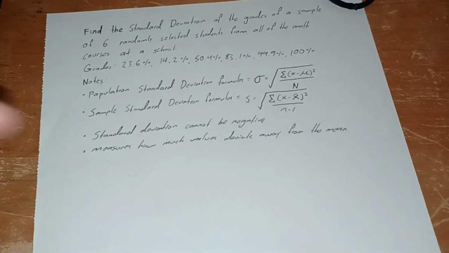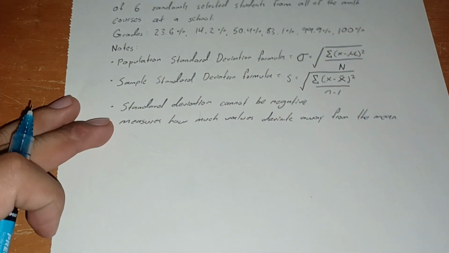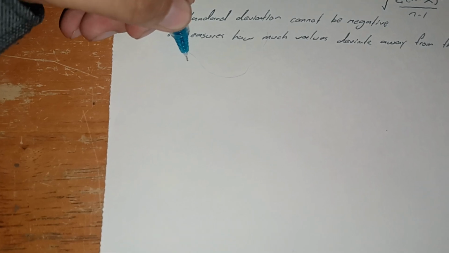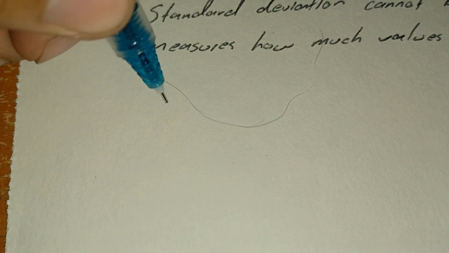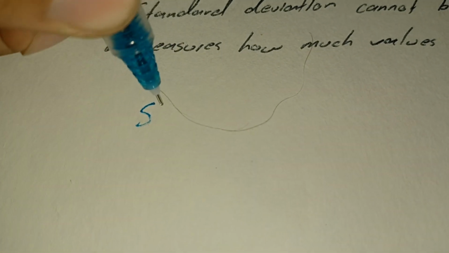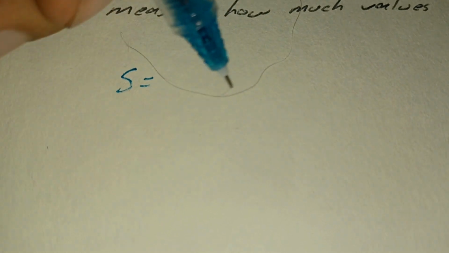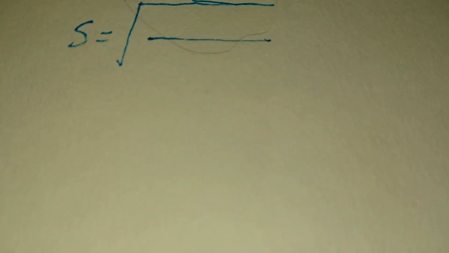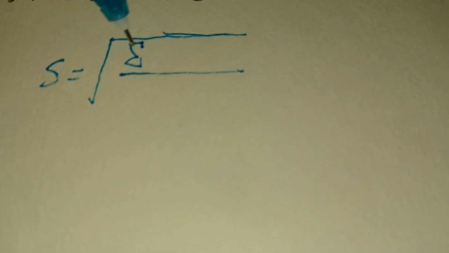All right, so let us start by writing our formula. S is equal to the square root of the sum, little e, the sum. I think this is called uppercase sigma, but correct me if I'm wrong.